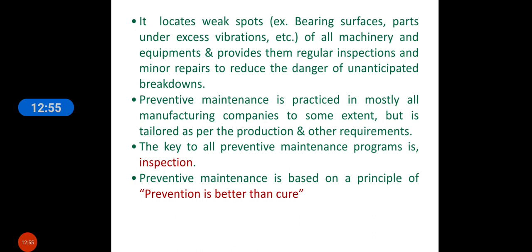Preventive maintenance is practiced in mostly all manufacturing companies to some extent, but is tailored as per the production and other requirements. The key of all preventive maintenance is inspection, and it follows the principle of prevention is better than cure.